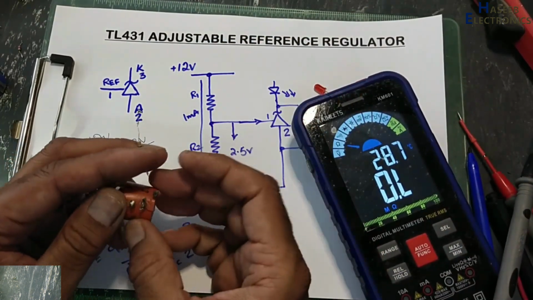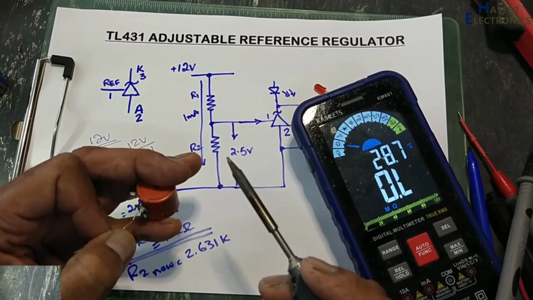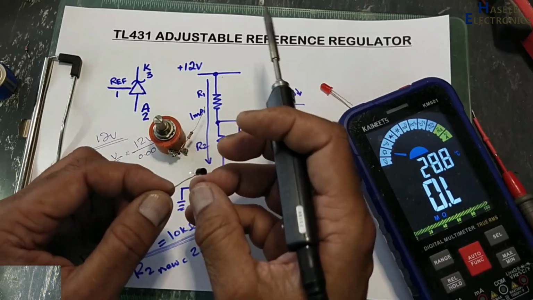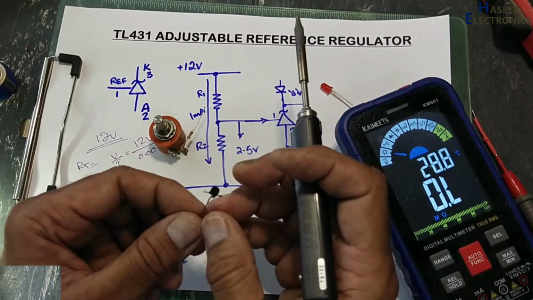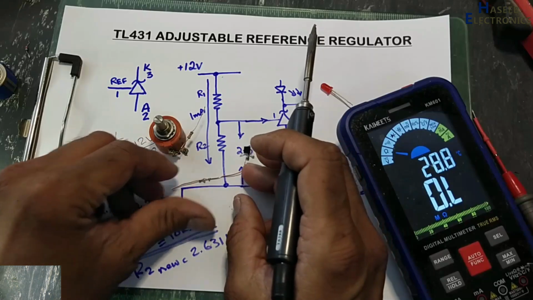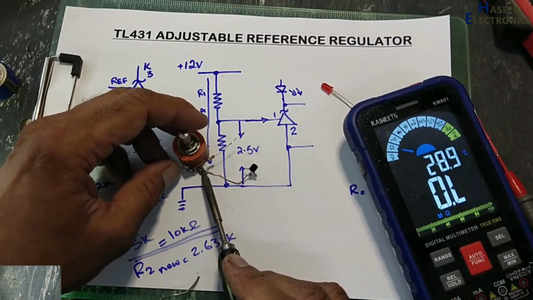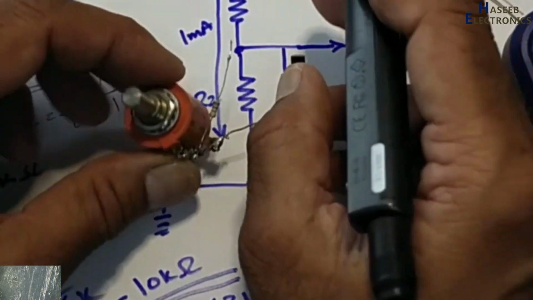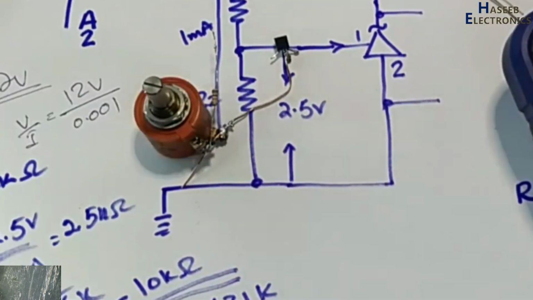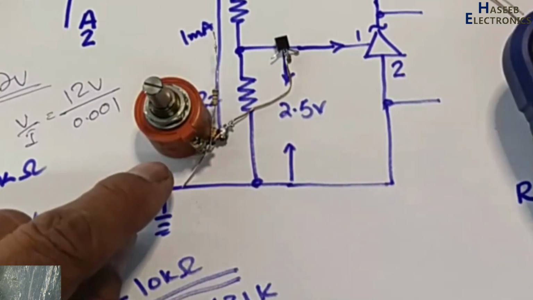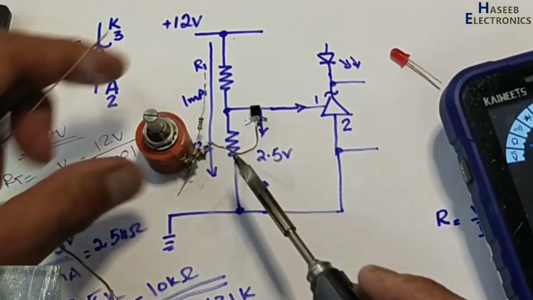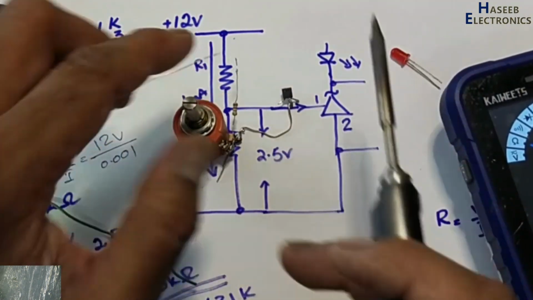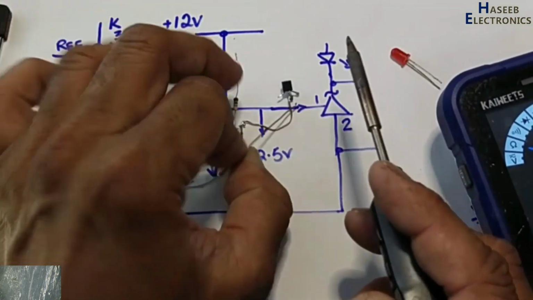So it is now 2.6K. Now this potentiometer is working as a resistor. The common point of this resistor and this potentiometer will go to the reference pin.